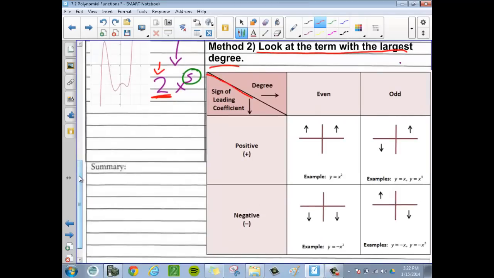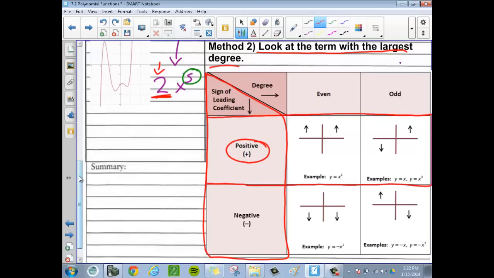So we would look down this row right here, because we're dealing with the positive leading coefficient. Then we need to look at the degree of this leading term. Well, the degree of this one is 5, so that makes it odd. And so this is what the end behavior is for this scenario.